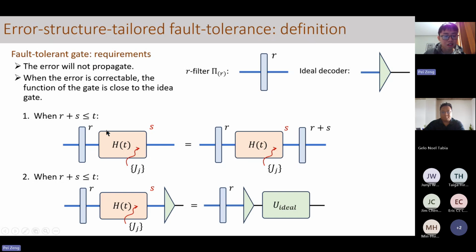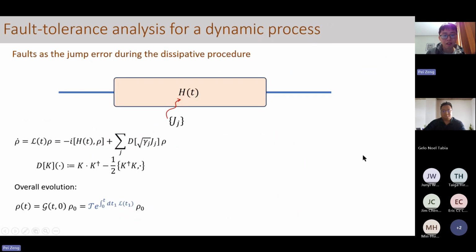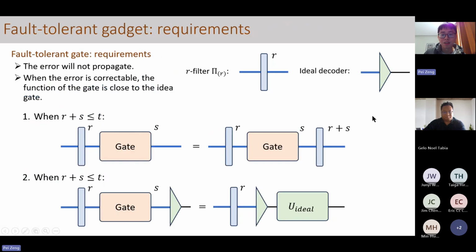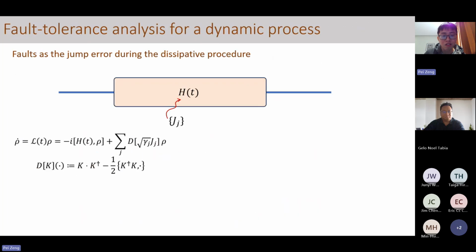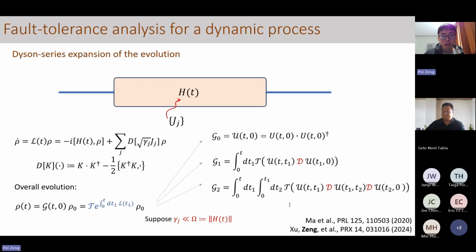You can see this definition is quite similar to the former one. It's basically the same, but the only difference is that I changed the definition of S from counting the number of Pauli errors in the circuit to the Dyson series, the perturbative expansion of the continuous dynamical procedure.